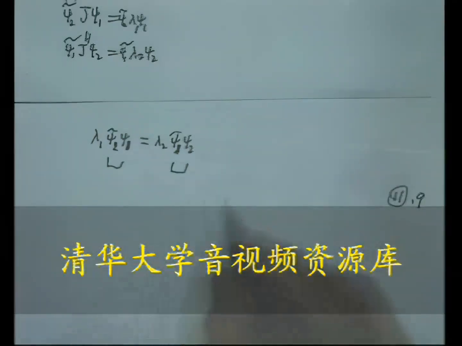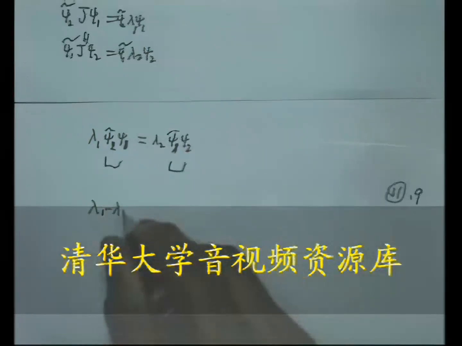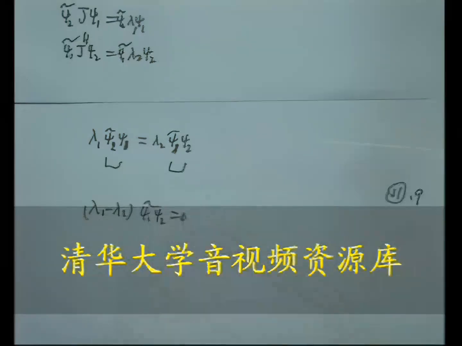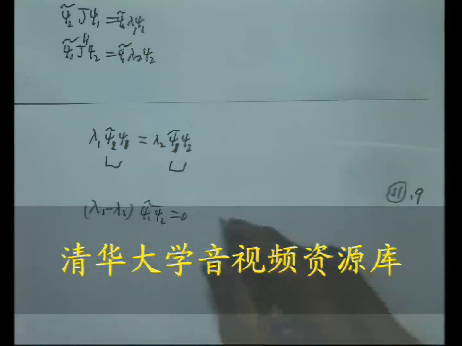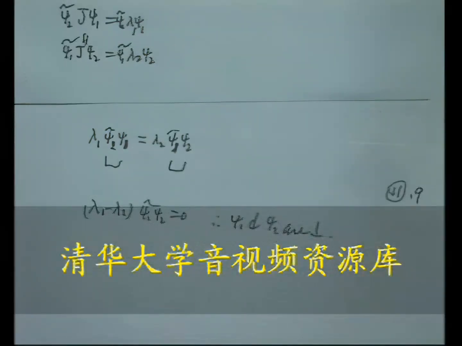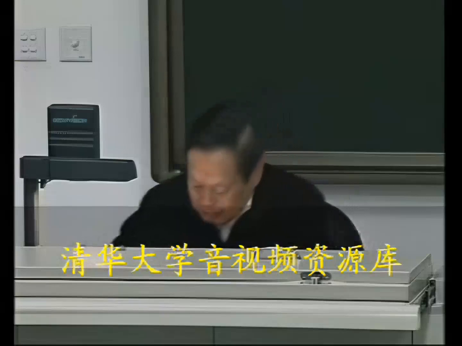So therefore, I get lambda 1 minus lambda 2 times psi 1 tilde psi 2 is equal to 0. We have just assumed that lambda 1 is not equal to lambda 2. So that means psi 1 and psi 2 are orthogonal, perpendicular to each other. Similarly, all three of them are perpendicular. So psi 1, psi 2, psi 3 form an orthonormal system.